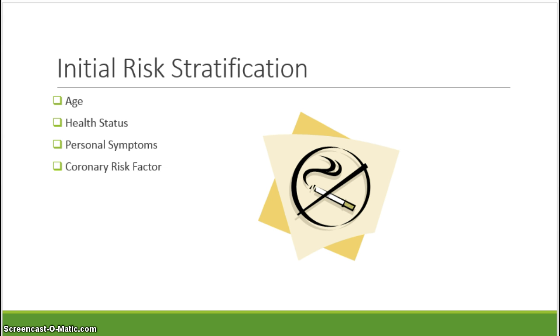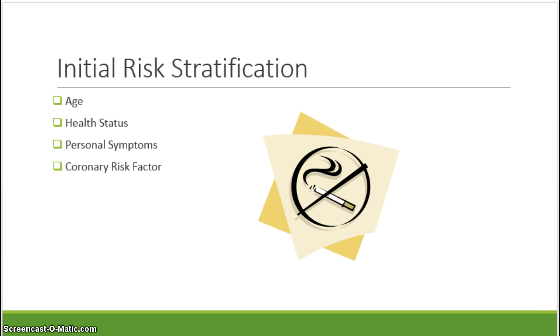So, according to the NSCA's Essentials of Personal Training, the intent of the initial risk stratification method is to use age, health status, personal symptoms, and coronary risk factor information to initially classify individuals into one of 3 risk strata for preliminary decision-making purposes.